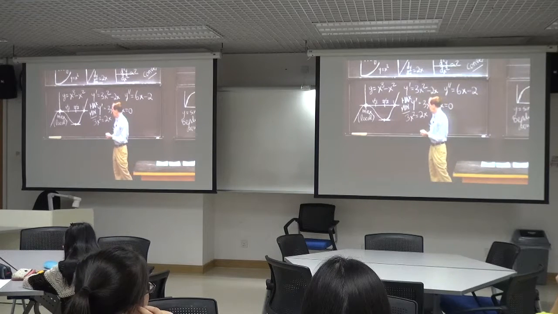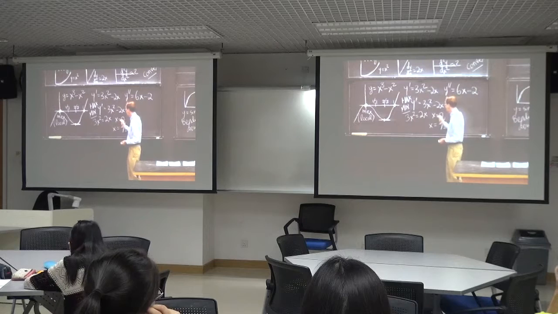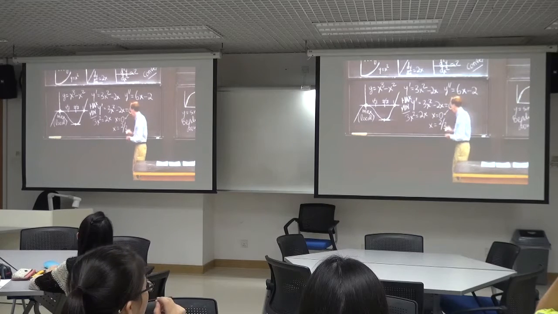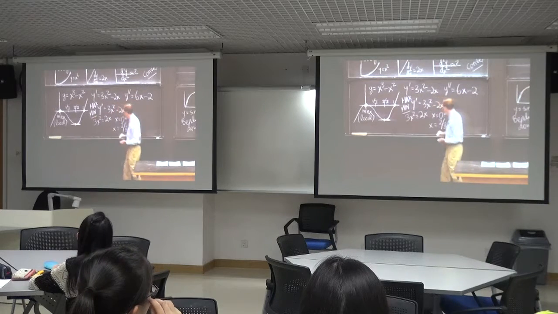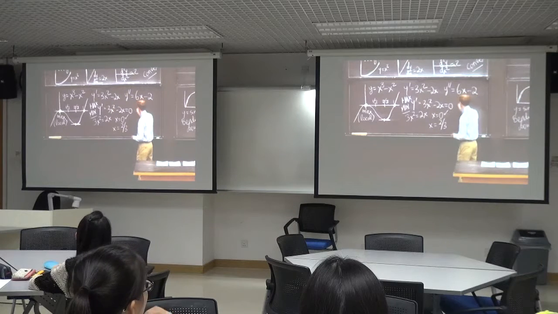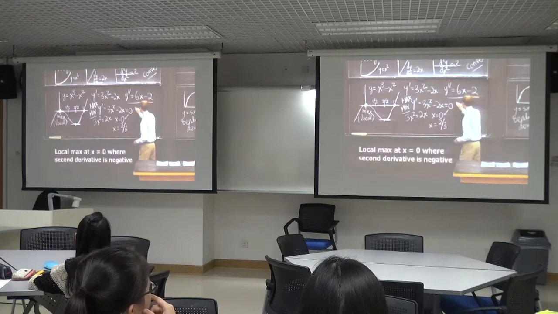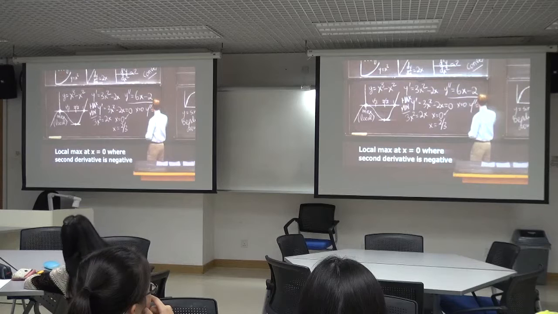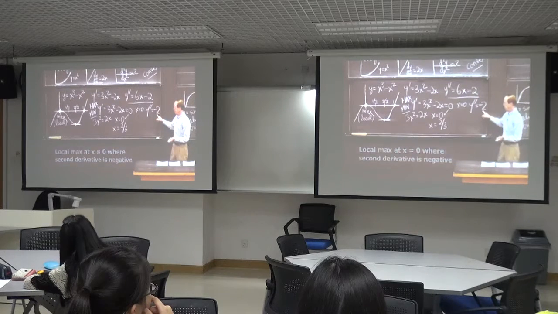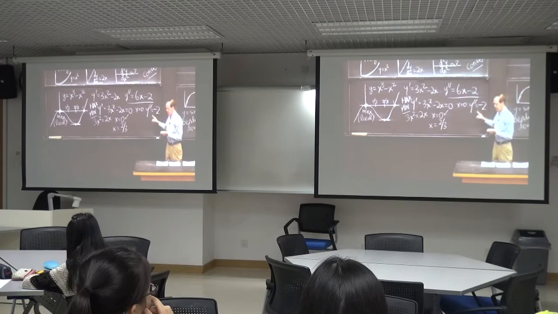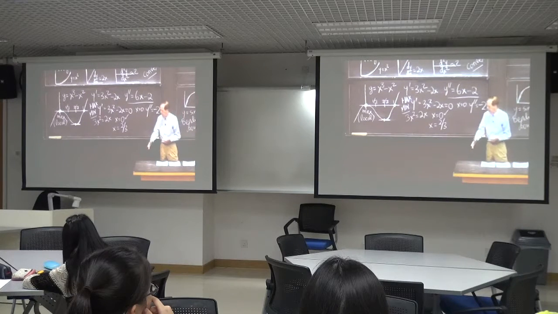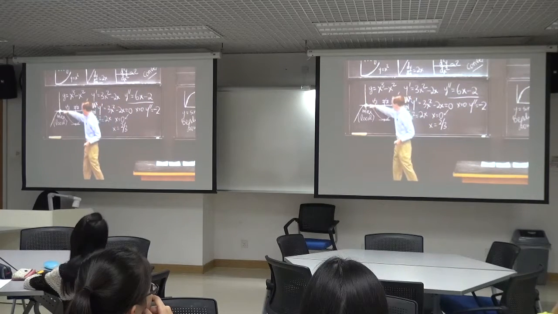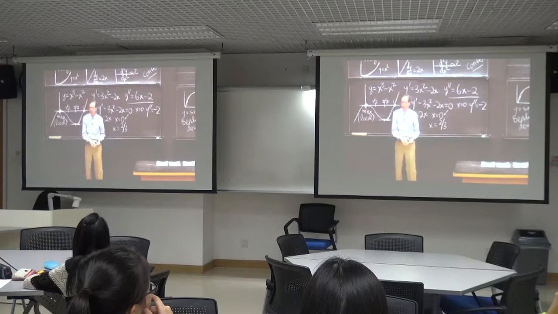At x equals 0, I expect to see the slope 0, which it is. Check. And at a maximum, I need to know the second derivative. Okay, here's my formula. At x equals 0, I see y double prime is minus 2. Good. Negative second derivative tells me I'm bending down, as the graph confirms, and the place where the slope is 0 is a maximum and not a minimum.